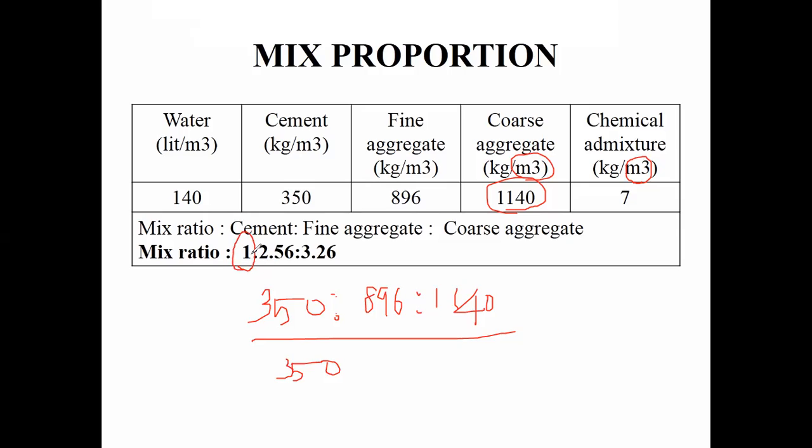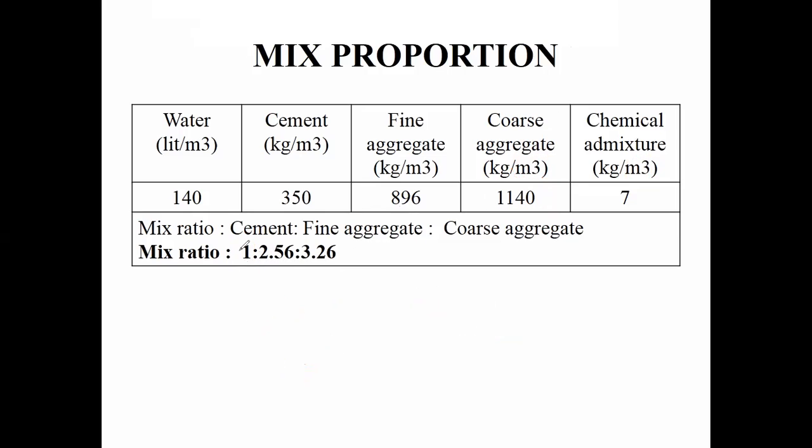The first value is cement. So I divide the whole value by 350, because the cement value is 350. If I divide 350 by 350, I get 1, what I needed. Then I divide 896 by 350 and get 2.56, and I divide 1140 by 350 and get the answer as 3.26. Okay, so this is your mix ratio.